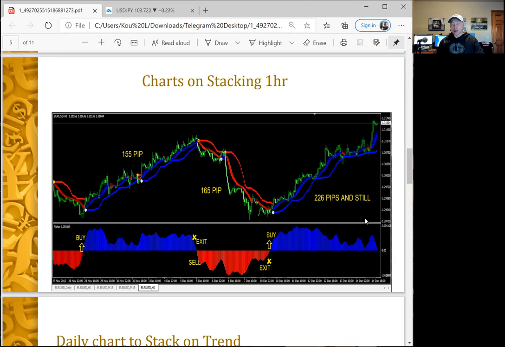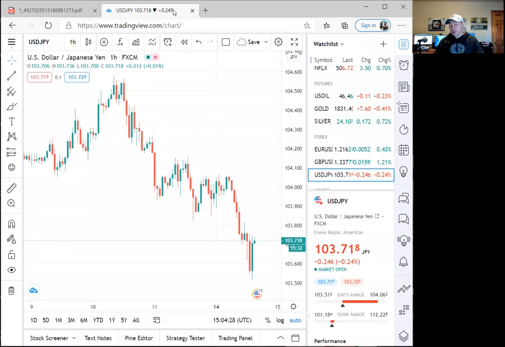Your perspective of stacking comes back to how much experience you have stacking, the amount of trades, and if you were stacking on a trend, what was your patience and your mindset behind holding out those trades and capturing the most amount of pips?